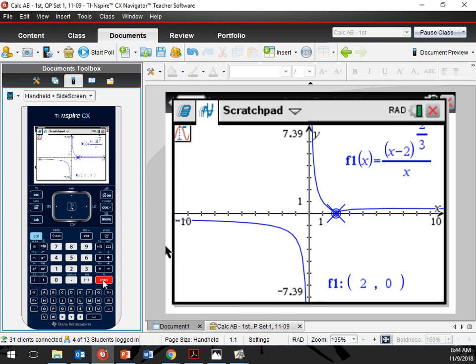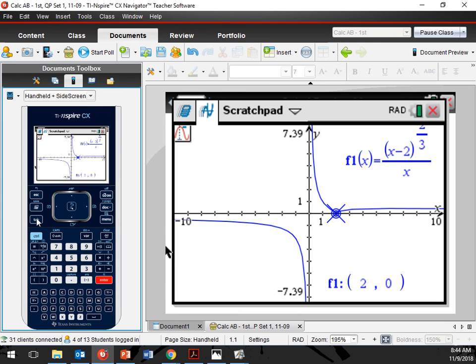So does it exist at 2? Yeah, it does, on the graph. I know it exists. So it does. Now I'm going to show you guys.